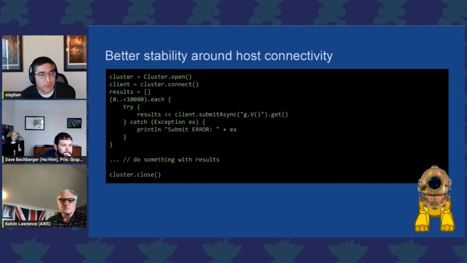If you're at all familiar with it, you create a cluster and a client, and then you send lots of requests. Here I'm just sending 10,000 g.V()s to the server, and you do something with the results, right? And that's it. And that's great until it doesn't work, right?